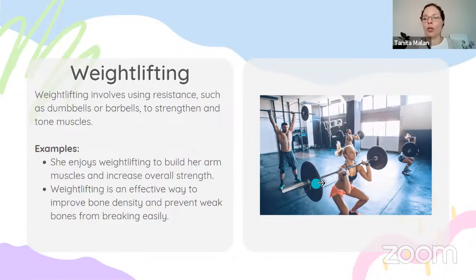So for example, here, the resistance is gravity and then the weight. She has to lift it, which means she's fighting against gravity, which wants to pull all that weight down. That is resistance. So anytime you have something heavy and you're pulling it or pushing it, you're probably doing some kind of weightlifting.